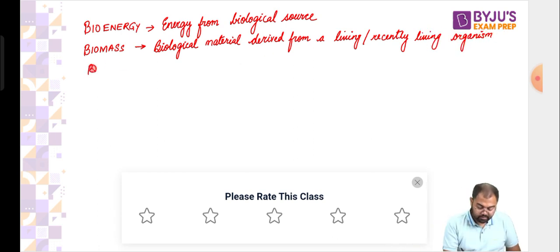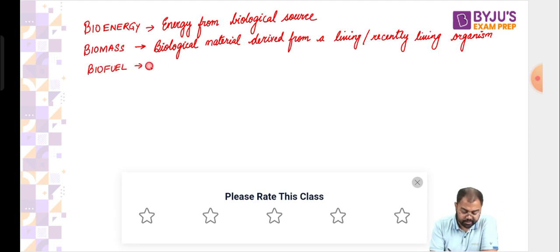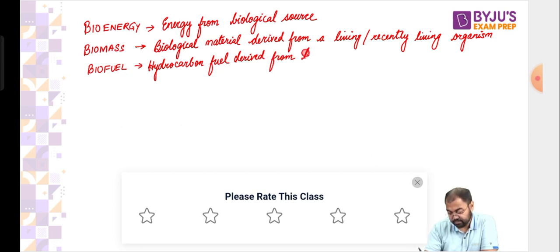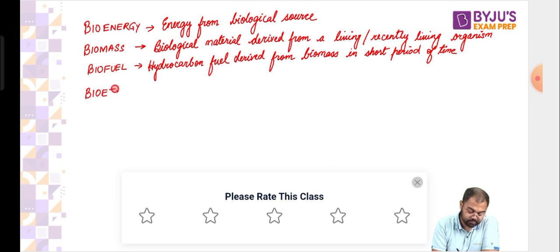Then biofuel. When we say that something is a biofuel, it simply means that it is a hydrocarbon fuel derived from biomass in a short period of time. Right? Then we have bioethanol.